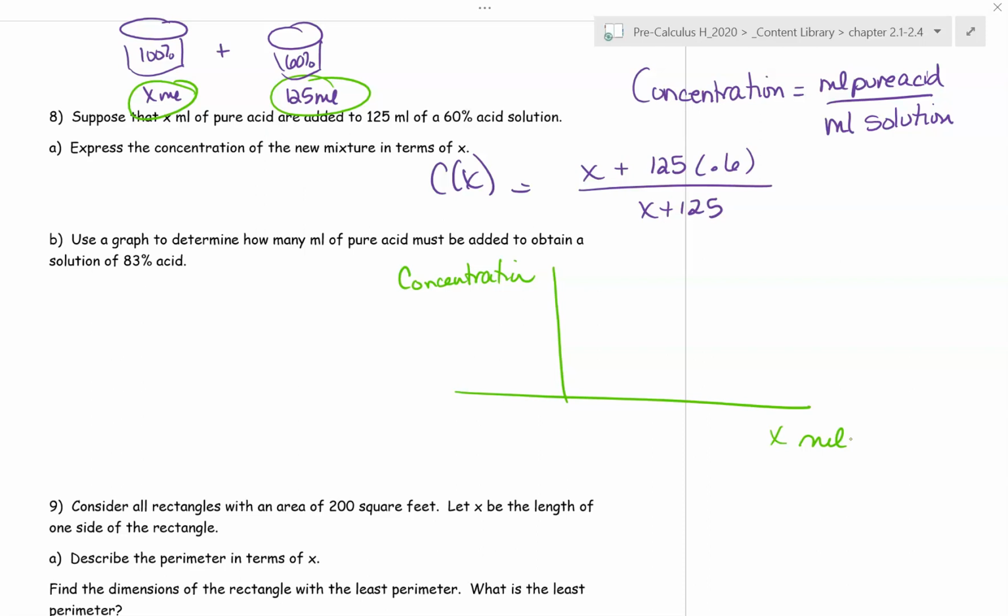Wouldn't it make sense that you start off with a concentration, I'm sure it's not zero, and as you add more pure acid, wouldn't that concentration be increasing? So I'm expecting something like this. Let's pause the video and use our graphing calculator.